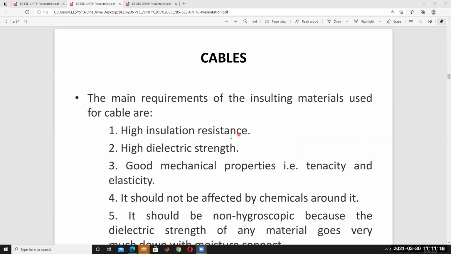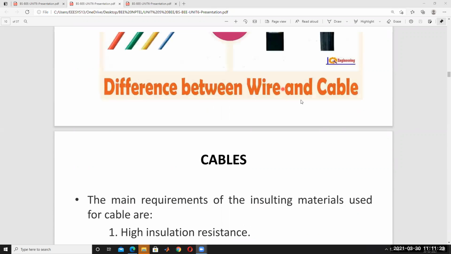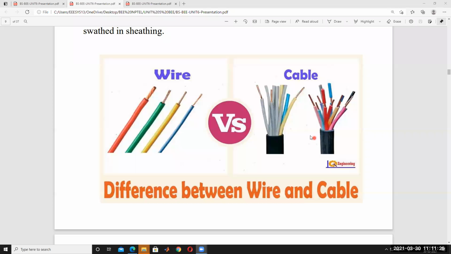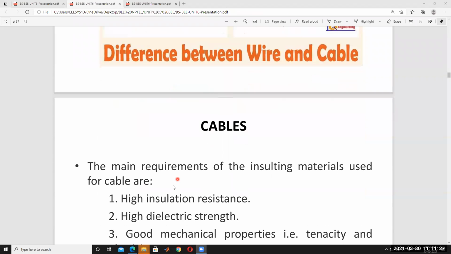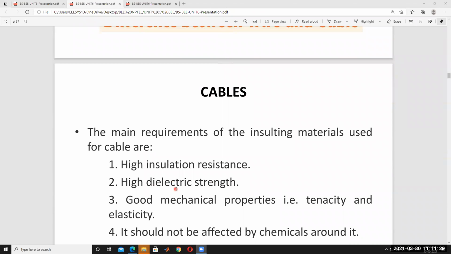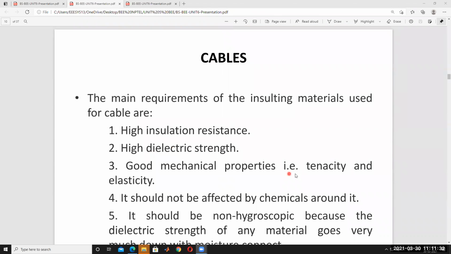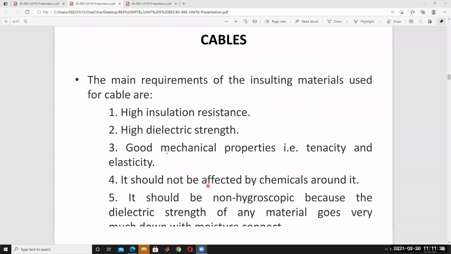These are the different types of materials. The characteristics of insulation: high insulation resistance, meaning the resistance of the insulator is very high, and high dielectric strength, and good mechanical properties, such as density and elasticity.